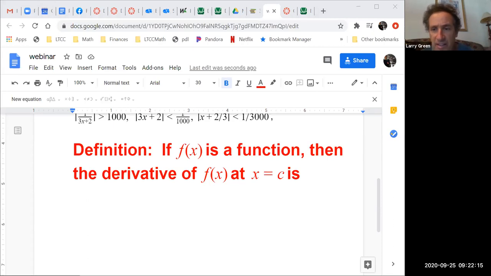There are two different notations. They're both important and they're both helpful in different situations.